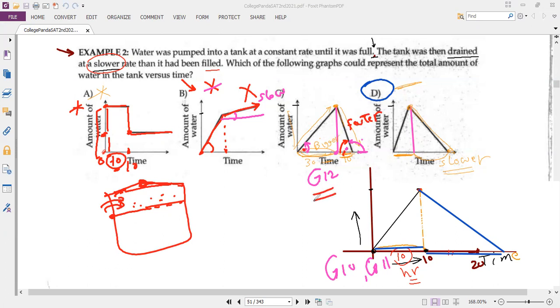This is for grade 12, okay? Another lesson about the slope or the gradient: how we detect the rate by gradients on the graph. In this part here, the acute angle seems smaller than here. So this is the slope. So the amount falls slower, and it becomes empty slower.